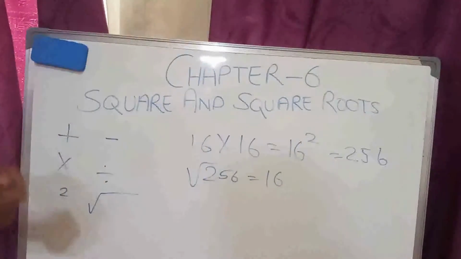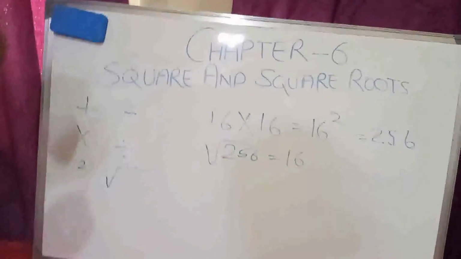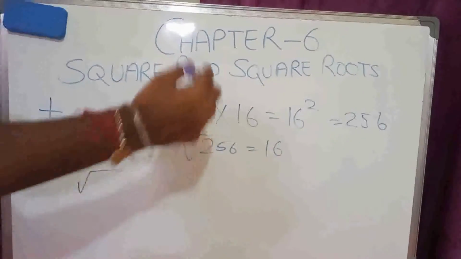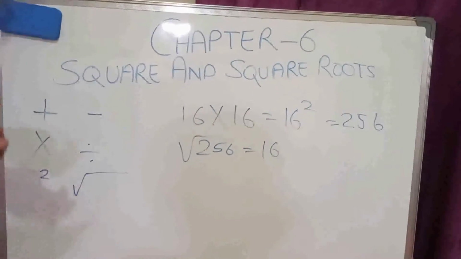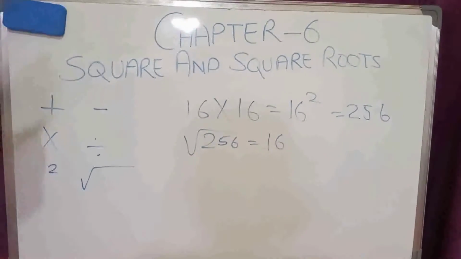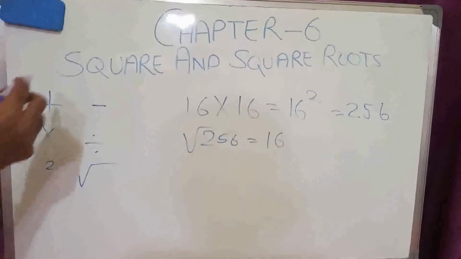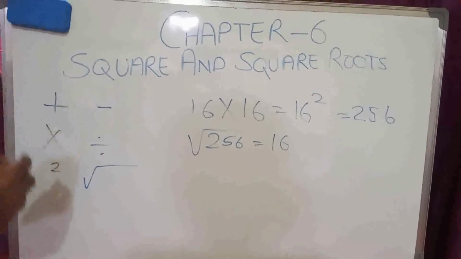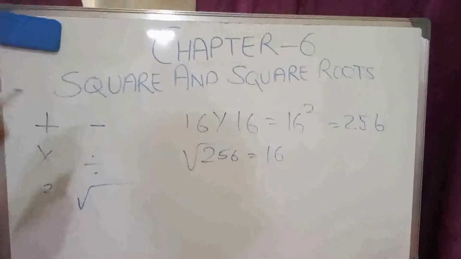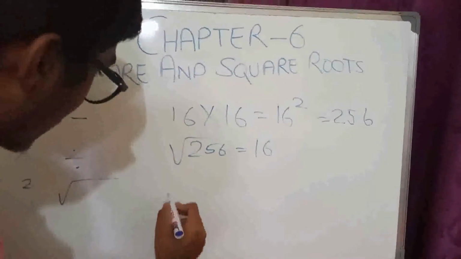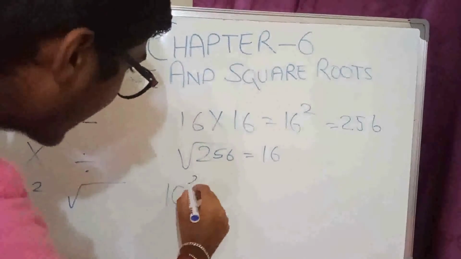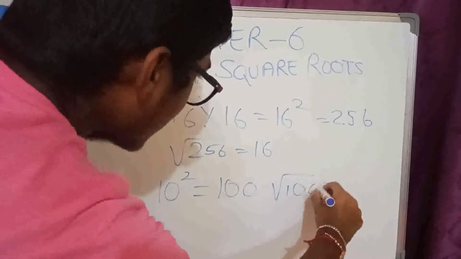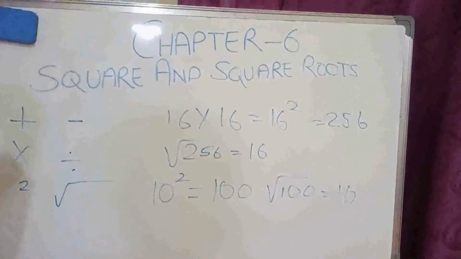Just like minus is the opposite of plus, or division is the opposite of multiplication, square root is the opposite function of a square. Another example: 10 squared equals 100, so the square root of 100 is 10. It's the opposite.